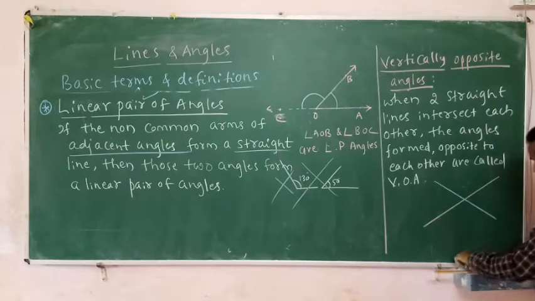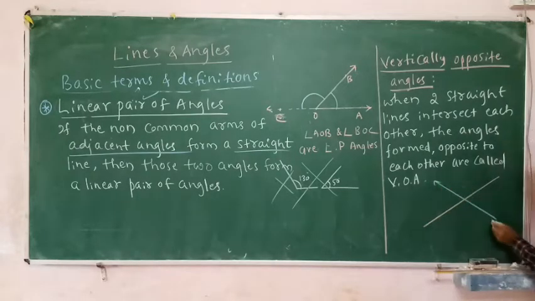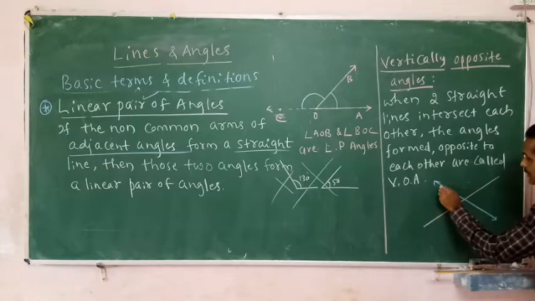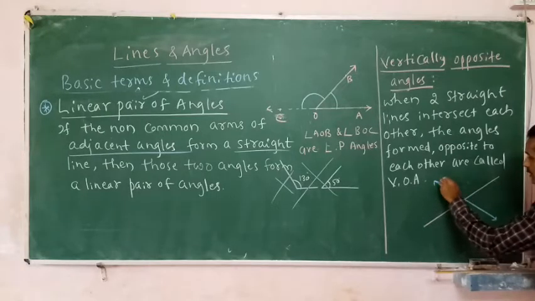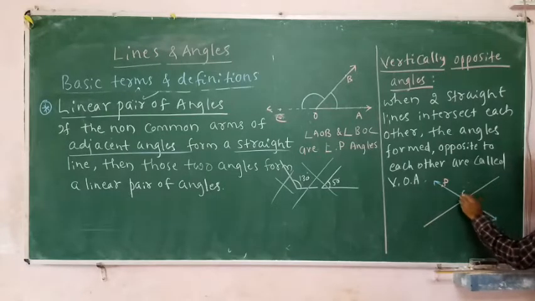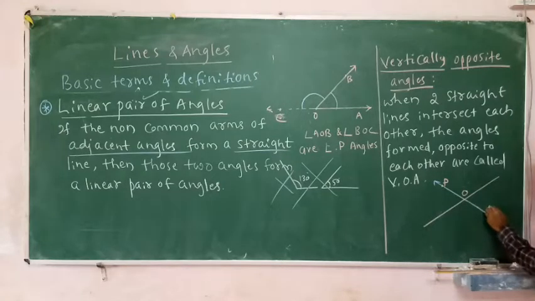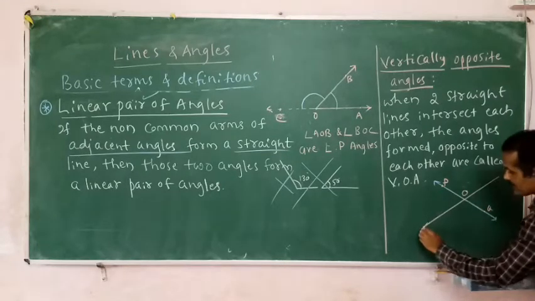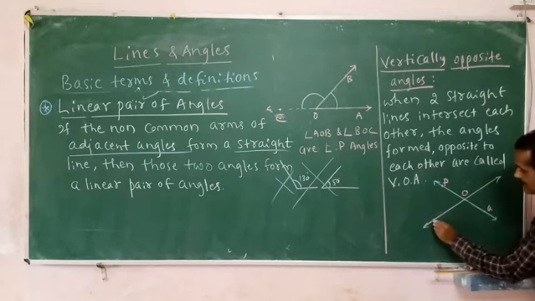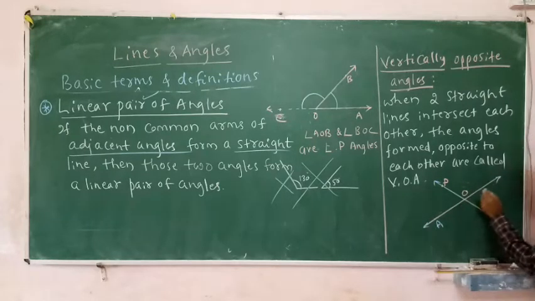Okay, so these are the two straight lines. I will call them P, O, Q, and A, O, B. So these are the two straight lines that intersect.